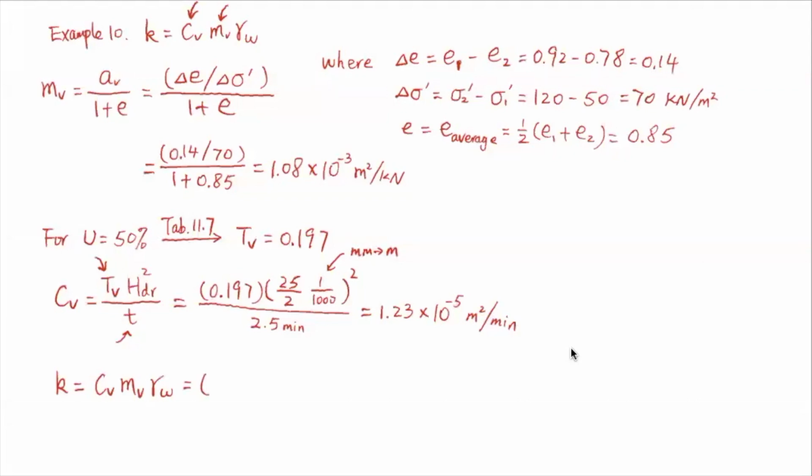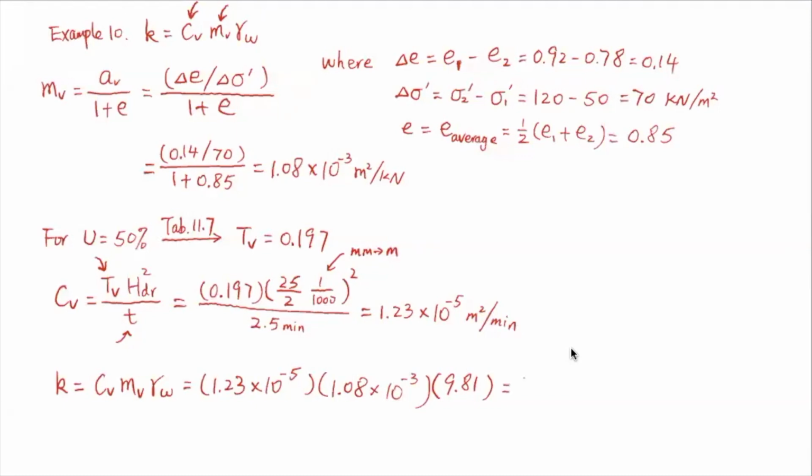So 1.23 times 10 to negative 5, that's meter square per minute, times m sub v, 1.08 times 10 to negative 3 meter square per kilonewton, times 9.81 kilonewton per meter cube, the unit weight of water.